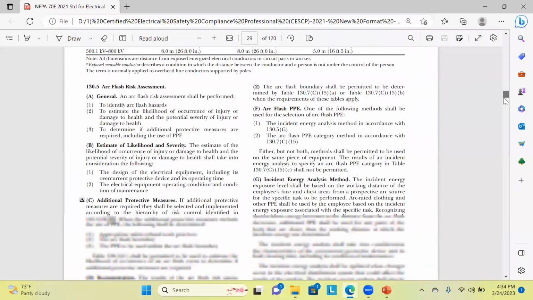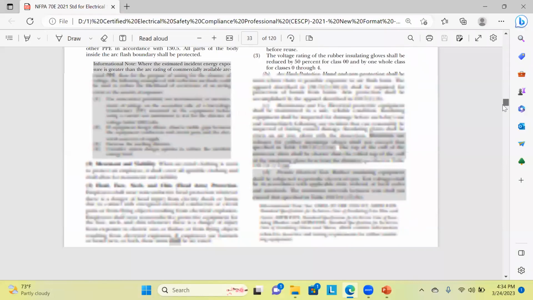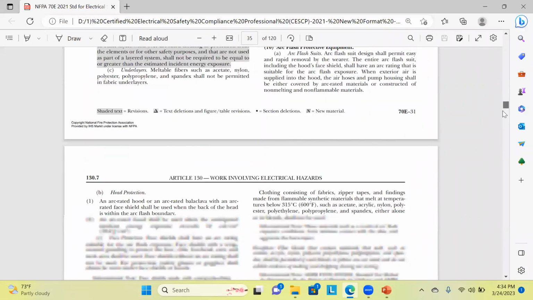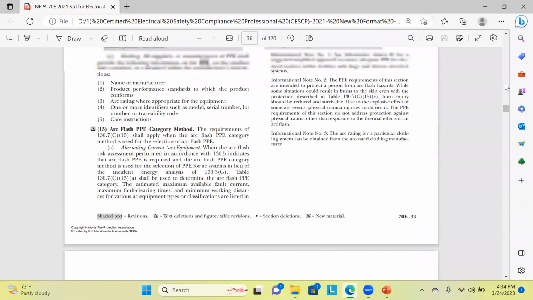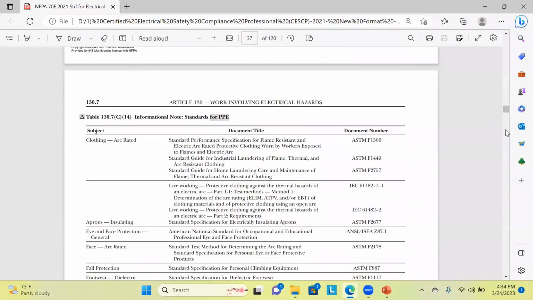Let me take you to one table. There is a table given here: information note, standards for PPE. So for clothing arc rating, the PPE must conform to ASTM F1506.